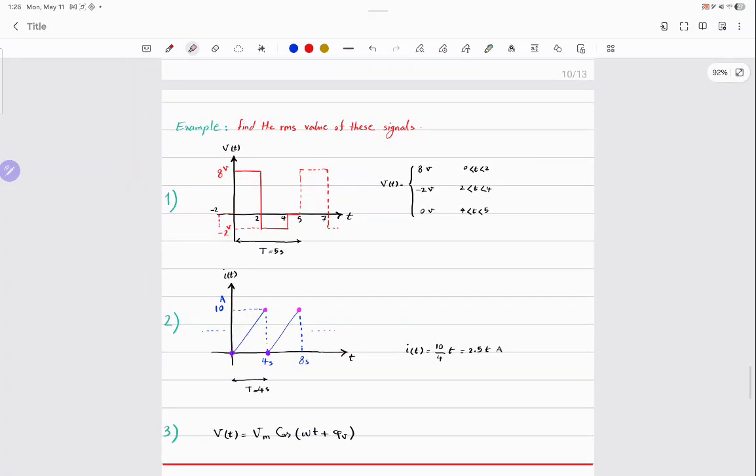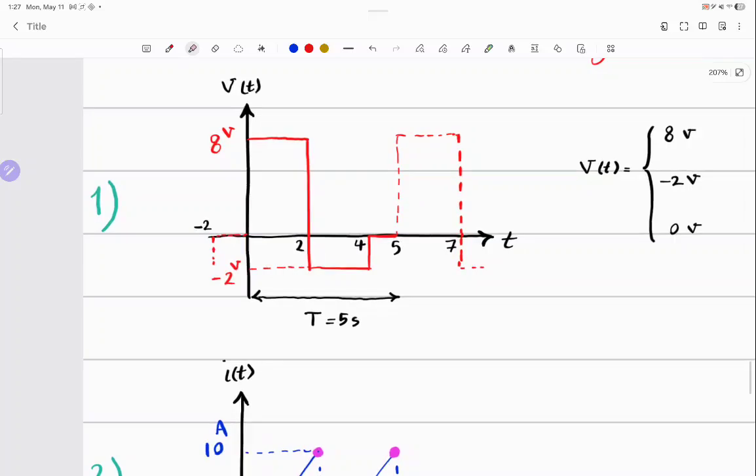Now, the next example asks us to calculate the RMS or the effective value of these signals. We have three different signals: voltage, current, voltage. The first one, what is the condition for some signal to have an RMS value? It should be periodic. Not necessarily cosine or sine, just periodic.